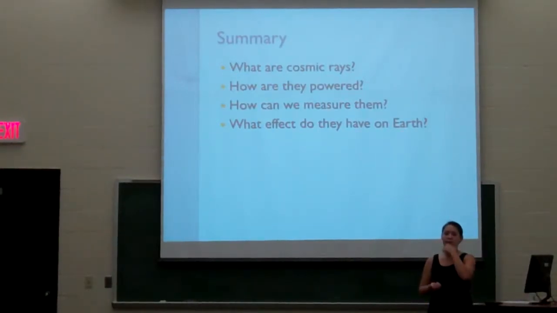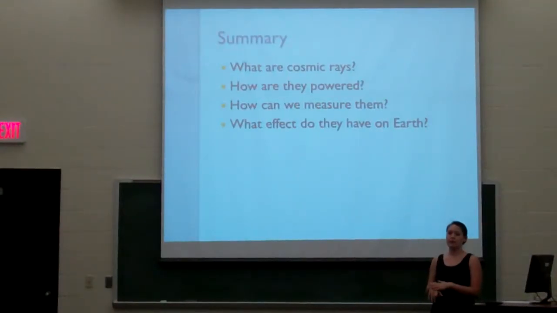They can be accelerated by the sun, by supernova remnants, and by the galaxy. They're mostly powered through a strong magnetic field. We can measure them using various methods, but we cannot directly measure them because they can come from every direction. And they don't have a very large effect on Earth.